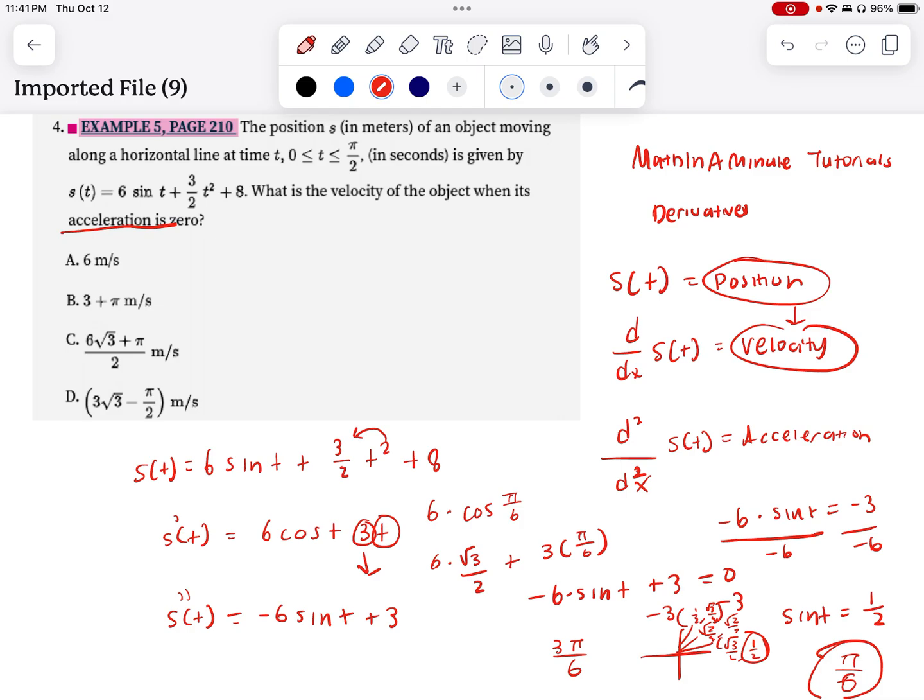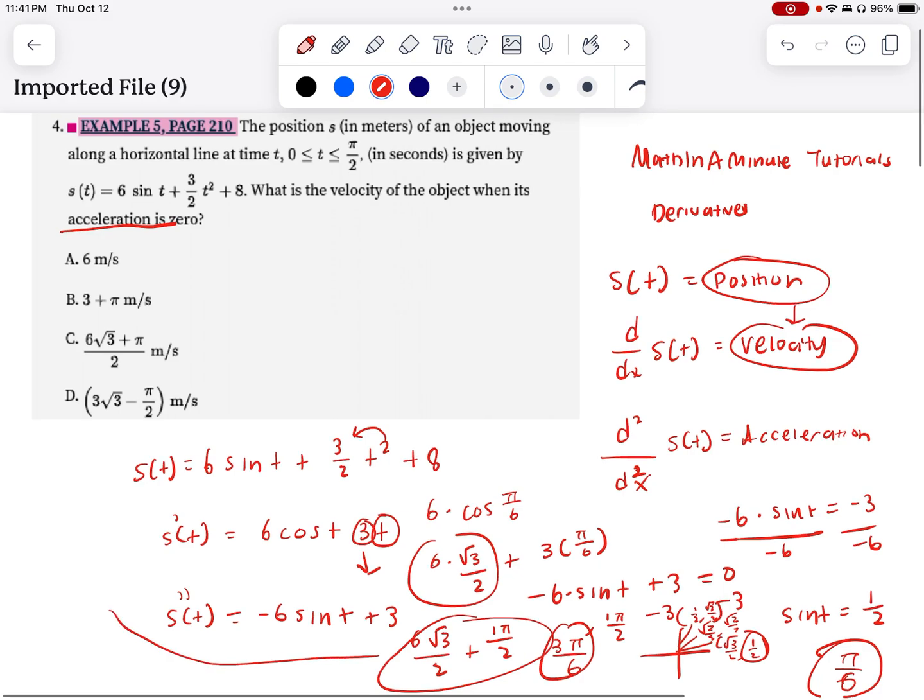And if you multiply this, this becomes 6 times √3/2 plus, if you simplify this, pi/2. So there you have it. Your final answer is this, which is equivalent to C, which is going to be your final answer.